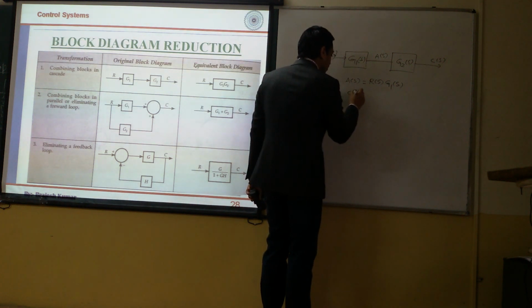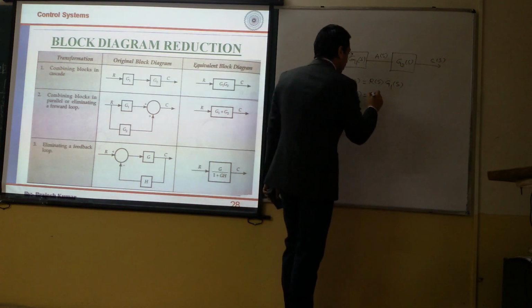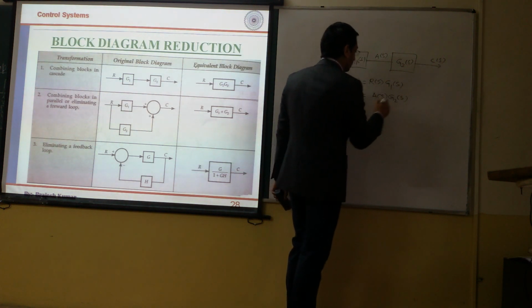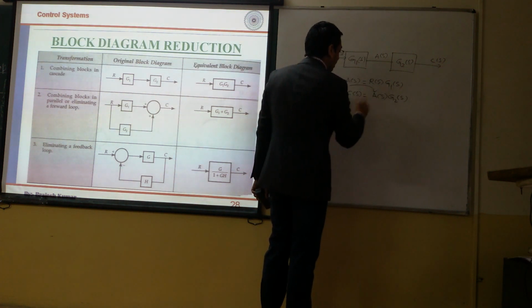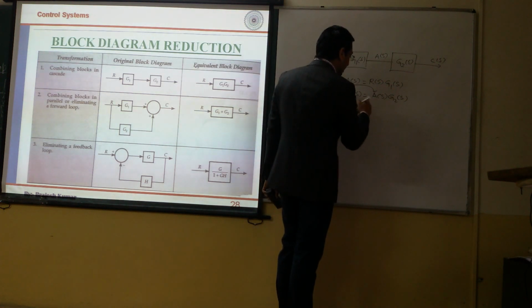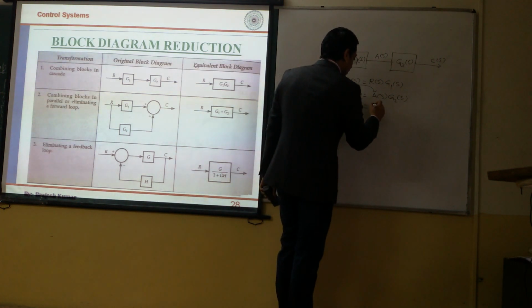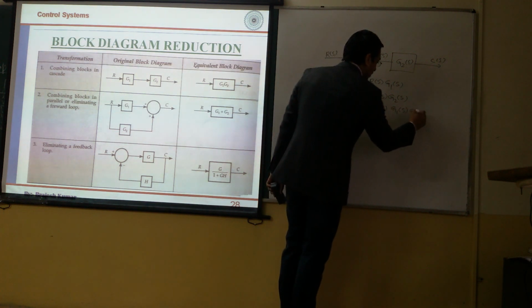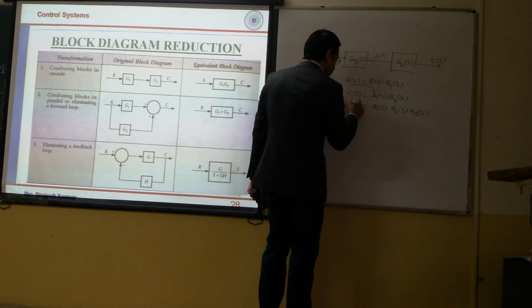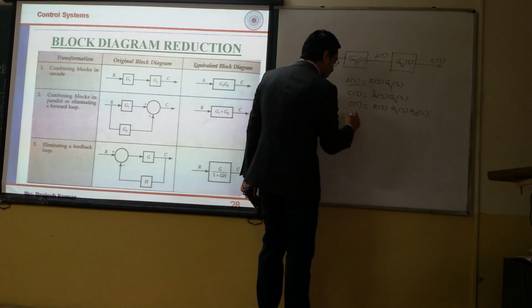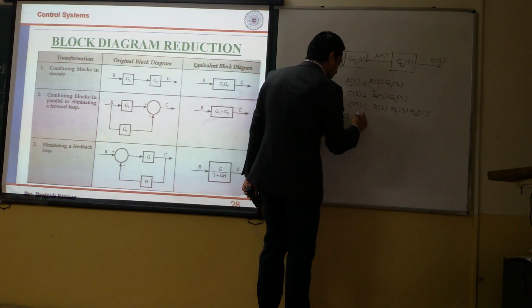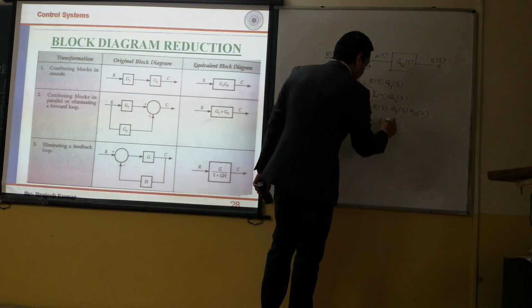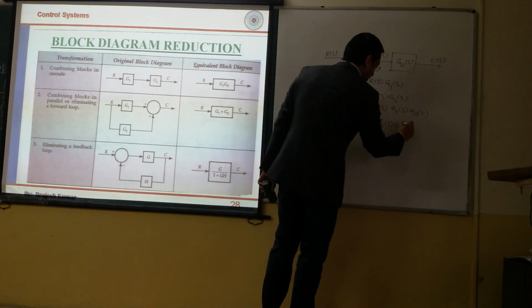So C(s) will be equal to A(s) multiplied by G2(s), and now putting in this value of A(s), you get R(s) G1(s) multiplied by G2(s) is equal to C(s). So the transfer function G is equal to C(s) upon R(s), which is G1(s) into G2(s).